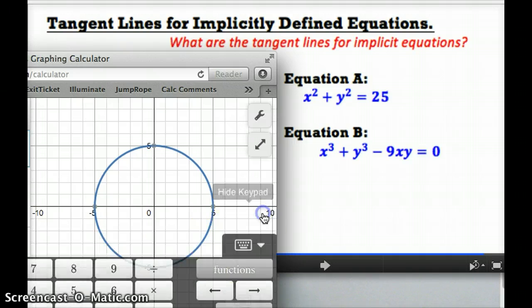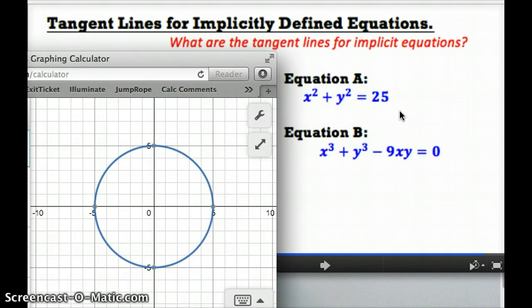So again, my question is, what would it mean to write a tangent line for this equation? Well, a tangent line means the same thing it always means. Here, I'll add a point, and that's a point on the circle. Then a tangent line would be a line that goes through this point and has the same slope as the curve at that point.